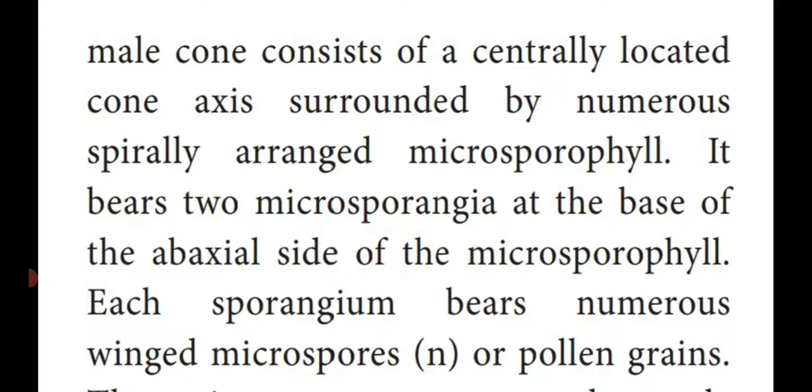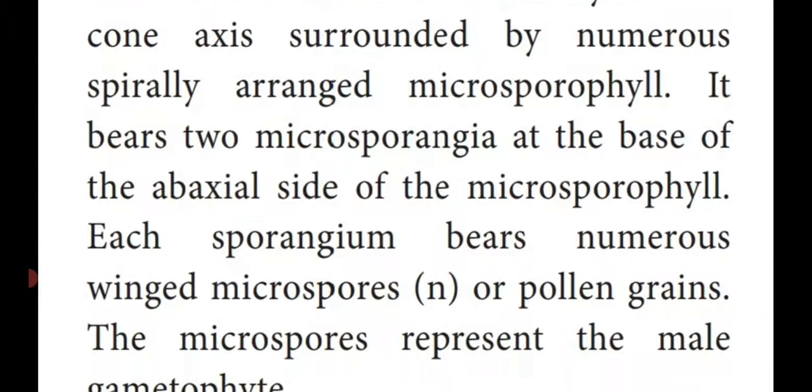That means at the base of the back side of each sporophyll, they contain two microsporangia. That means left side one, right side one. That is said to be the two microsporangia, which are located at the back side of the basal region of the microsporophyll.